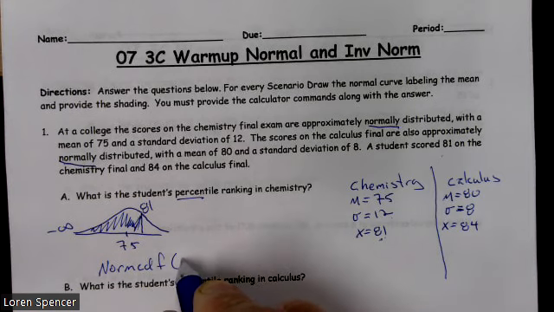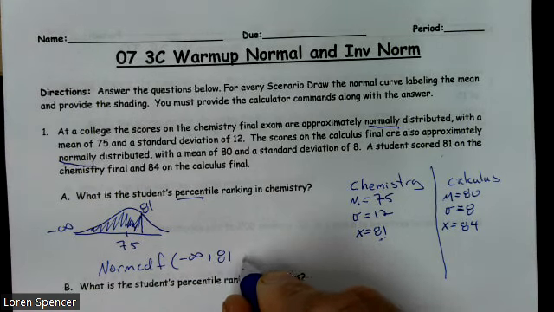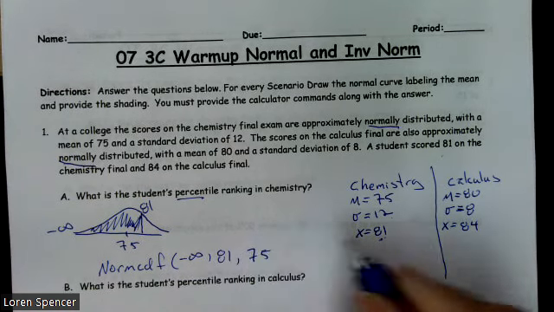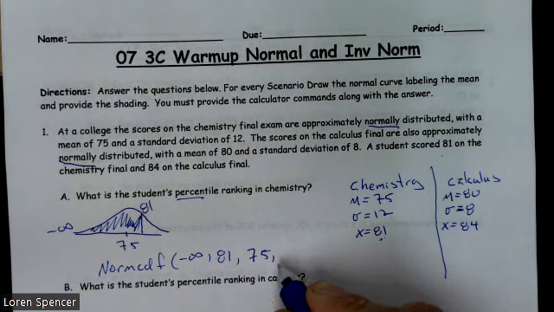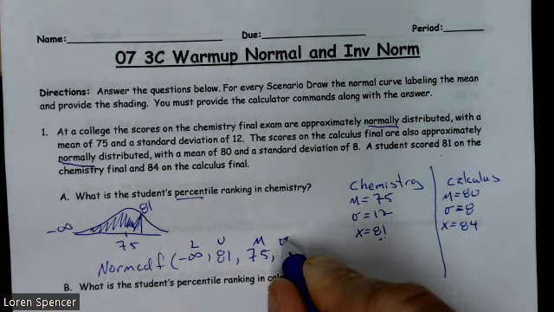The lower bound is negative infinity. The upper bound is 81. The mean is 75. And our standard deviation for chemistry was 12. So lower, upper, mean, standard deviation.